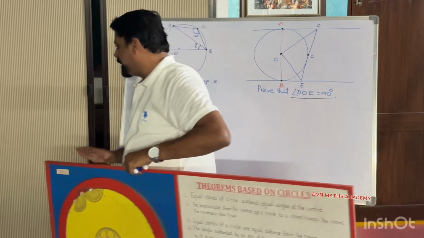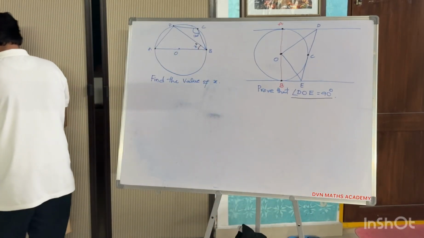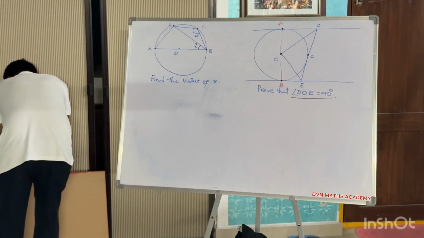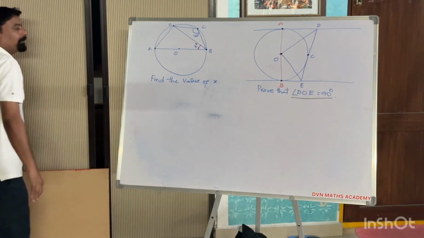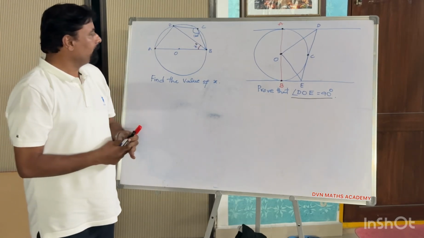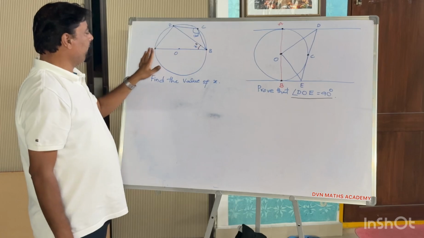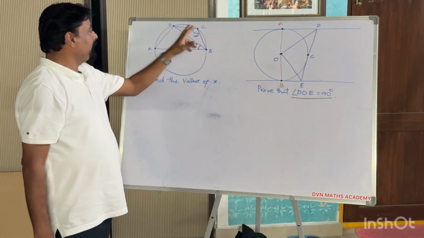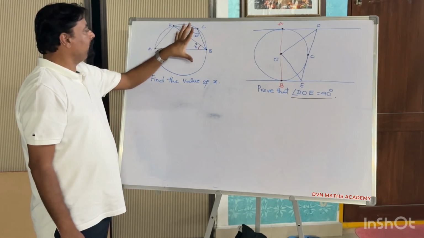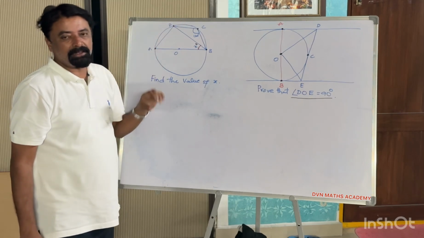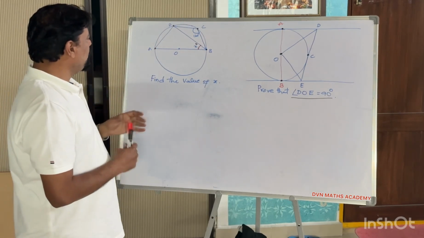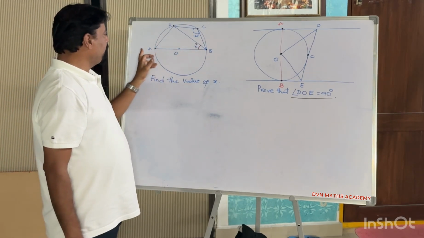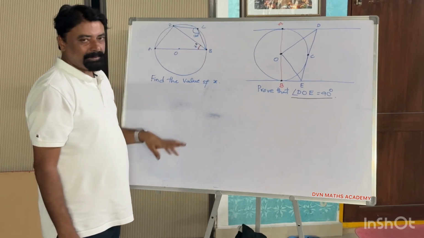So here in question number 1, if you observe the figure, A, B, C, D are 4 vertices on the circumference of the circle. First the student needs to identify that ABCD is a quadrilateral.